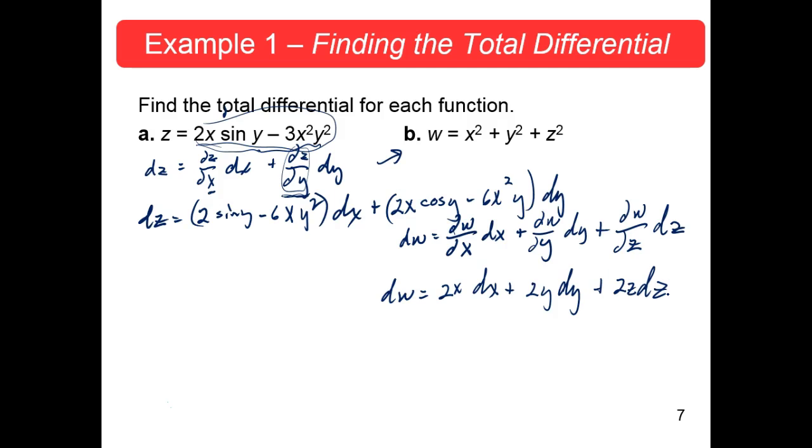Now that's a way too regular looking thing, but that's exactly what your partial is. Okay? You could actually pull out the 2, say it's equal to 2 times x dx plus y dy plus z dz. Don't know that it's any easier, but you could do it. Okay? But they leave it just like that, I think.